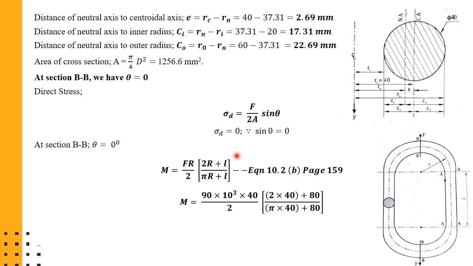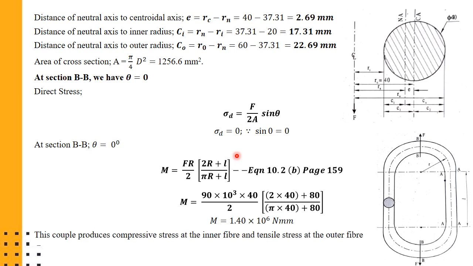So substitute the force value as well as the radius of the centroidal axis value into this bending moment equation, and the resulting value will be the bending moment acting at section BB, which is around 1.40 into 10 to the power 6 Newton mm. Using this moment, further we will calculate the stresses generated at the inner as well as the outer fiber.